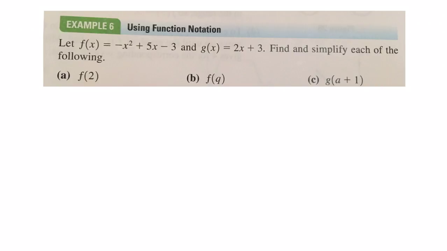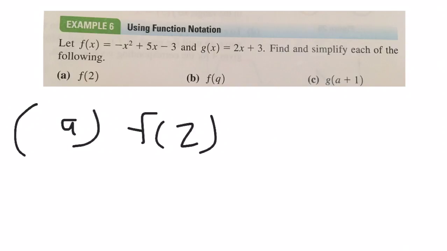Alright, so for this example, we're going to learn what this function notation means. So, for part A, when it says f of 2, that means everywhere there's an x in f, you plug in 2.